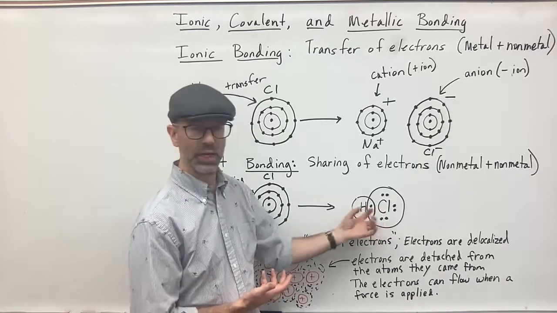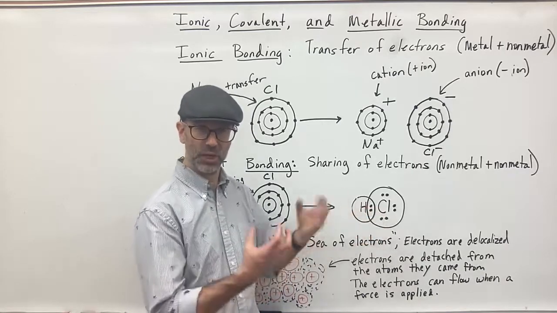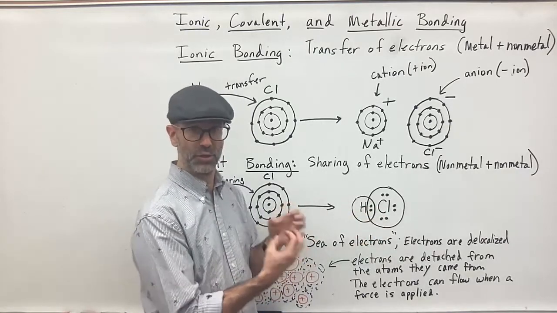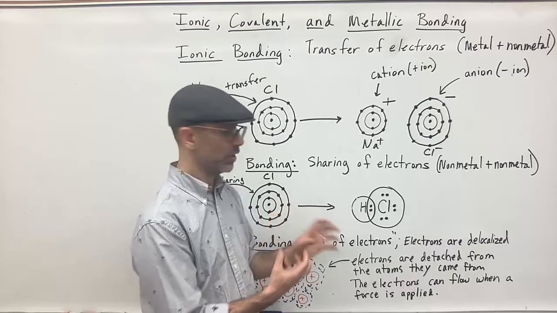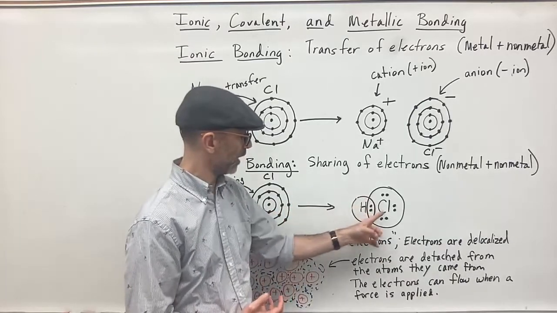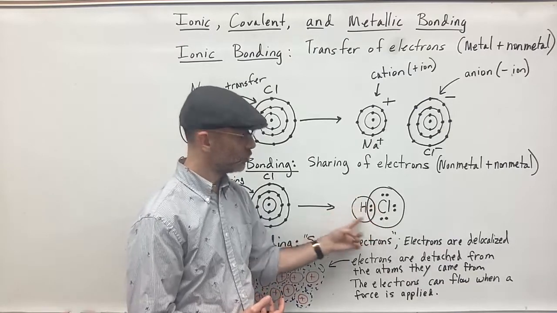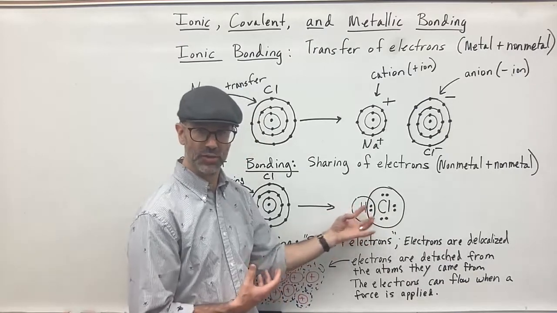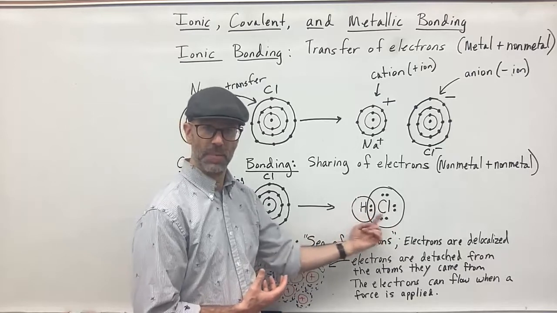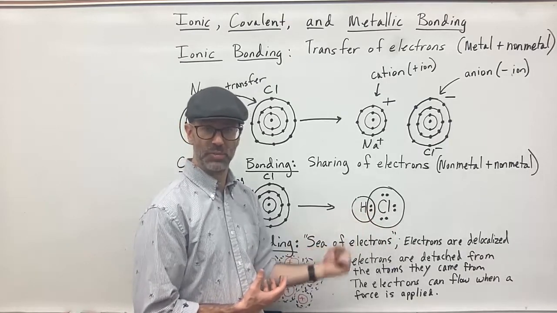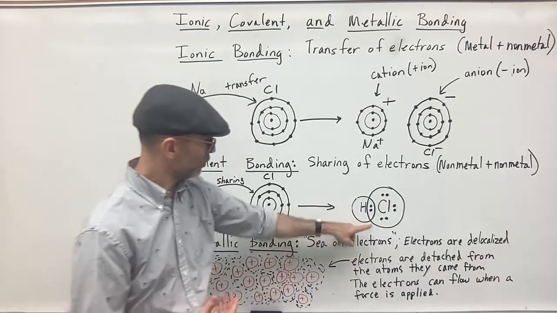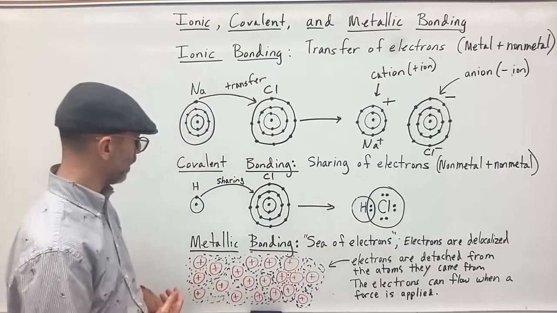And so the electrons act as a glue holding it together. So you do have those electrostatic forces, but it's due to the fact that the positive nuclei of both atoms are attracted to the negative electrons being shared between the atoms. So that creates your covalent bond.